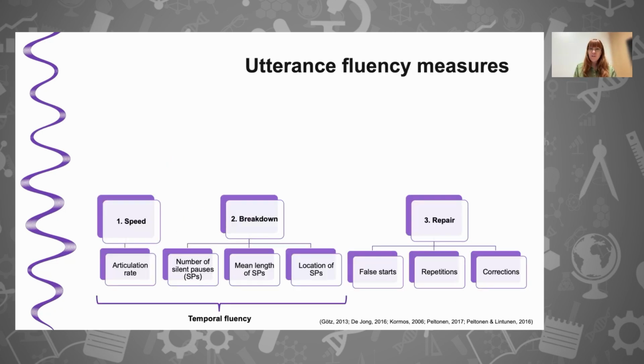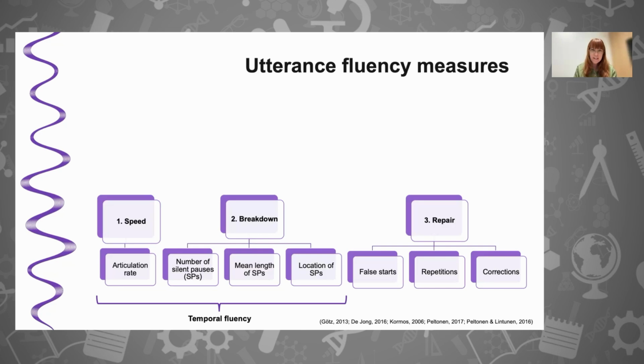We won't go into very much detail here today on the measurement details, but I'll just show you to give you an overview of what kinds of phenomena we are dealing with, what kinds of measurements we use when we approach utterance fluency. So we have the speed related measurements, most importantly articulation rate, how fast the speech is produced.